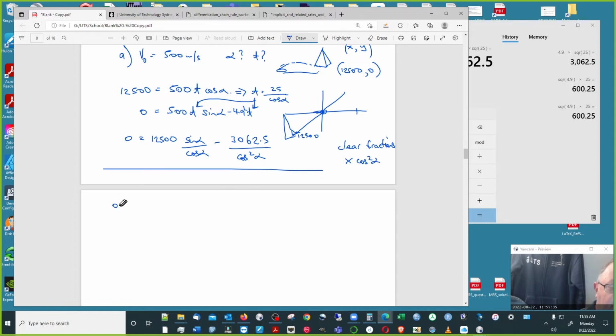So we've got 0 times cos squared alpha, and 12,500 cos squared alpha. So we can see one of these will cancel, and that's still 0. So we get 0, a cosine product.